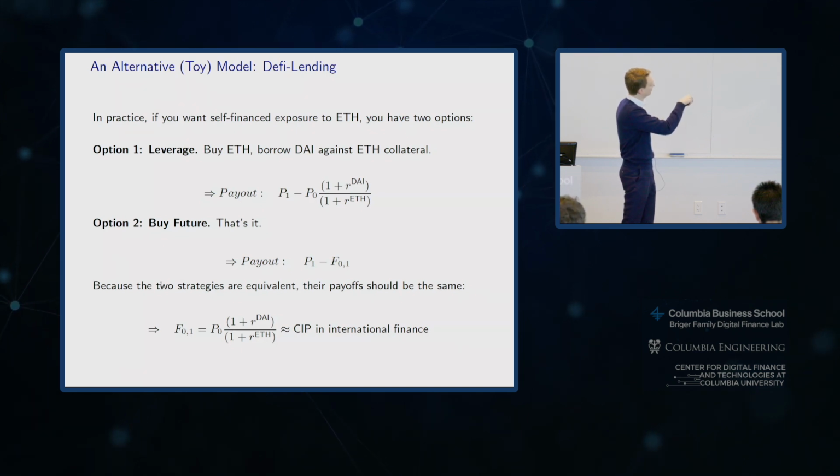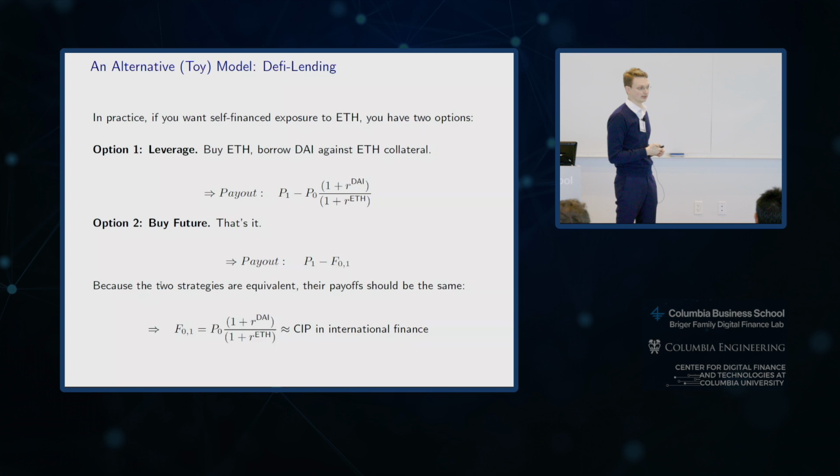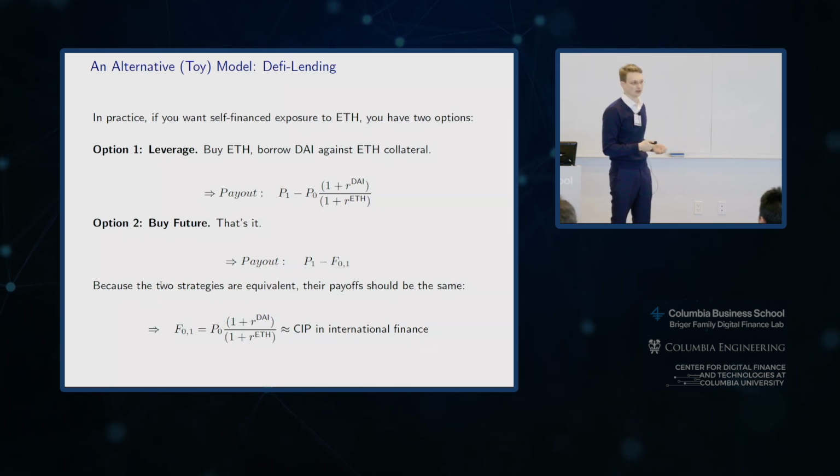So we know that the price of the futures should be equal to the price at the initial time times this ratio of interest rates, which is exactly what CIP is in international finance. The only thing is that here you only have one asset whose price is moving. That's the only difference, whereas otherwise you possibly have movements in both directions.